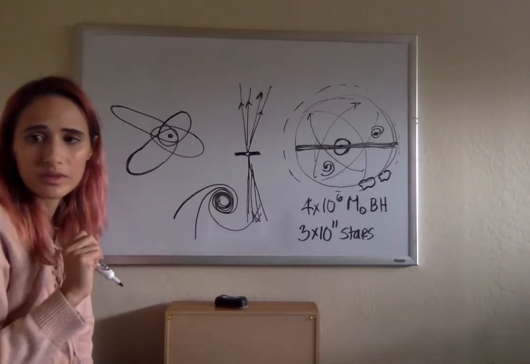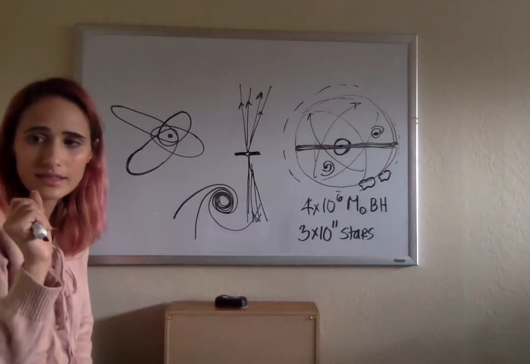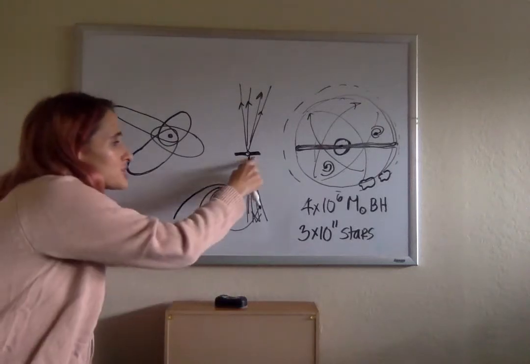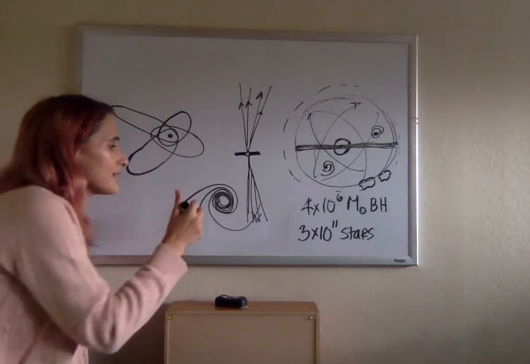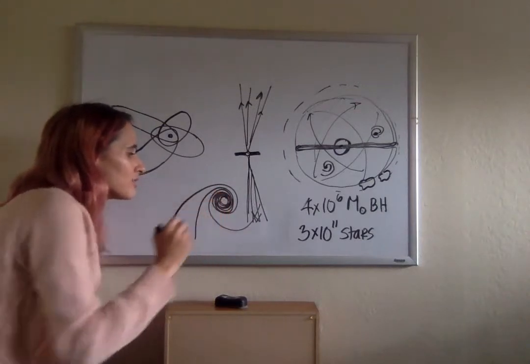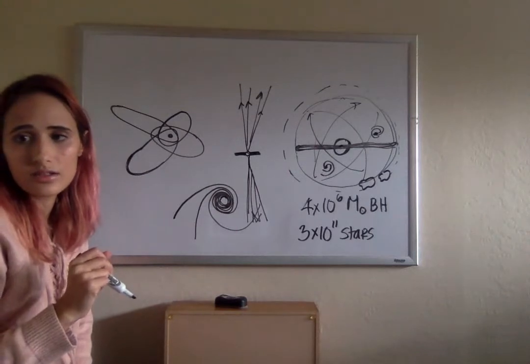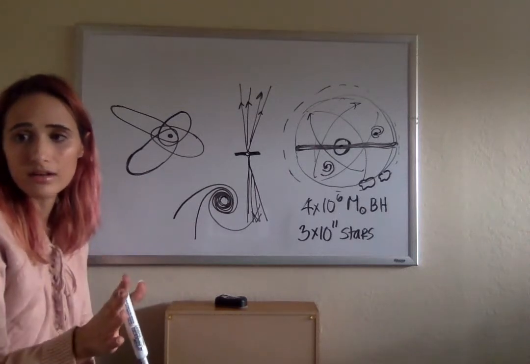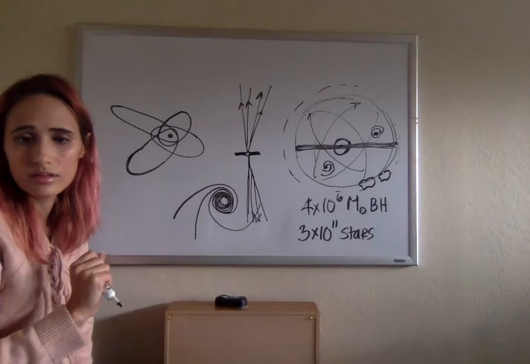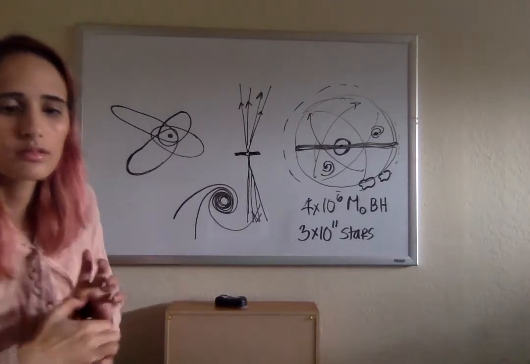And so that emits these X-rays and shoots out these jets. But anything that gets to the black hole itself gets sucked inside and doesn't shoot out. No light comes out of the black hole itself.